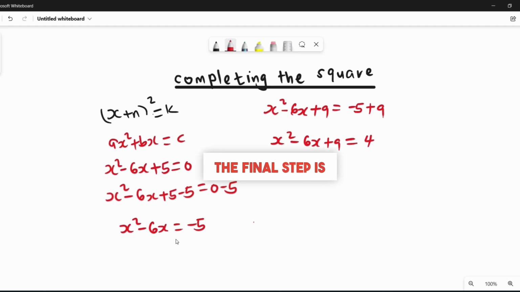The final step is to take the square root of both sides. Now we have two solutions, one for the square root of the left side and one for the square root of the right side. We will call the solutions x1 and x2. In our example, we have x² - 6x + 9 on the left-hand side and 4 on the right-hand side.